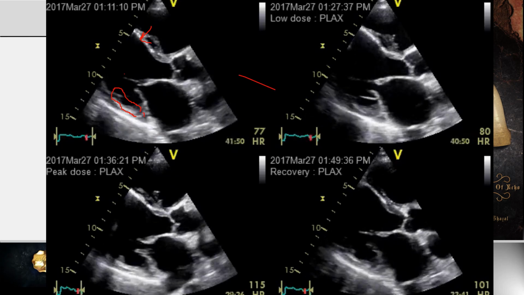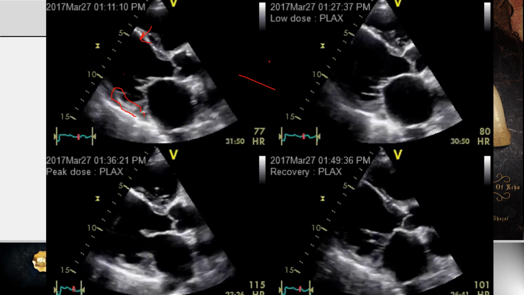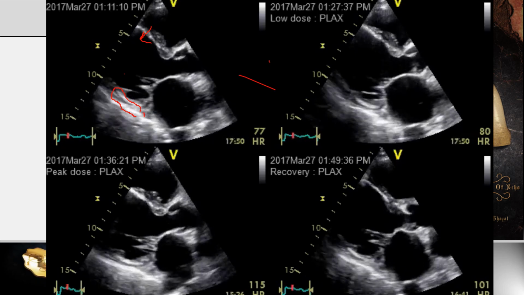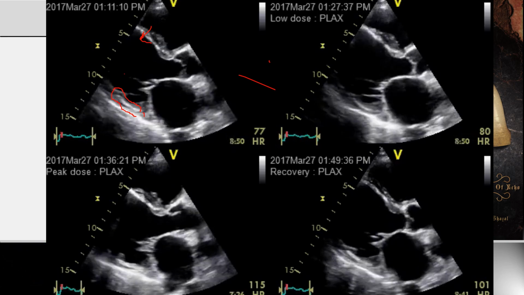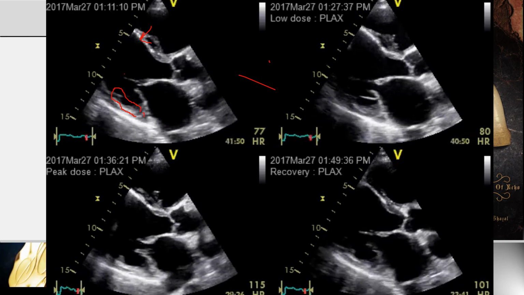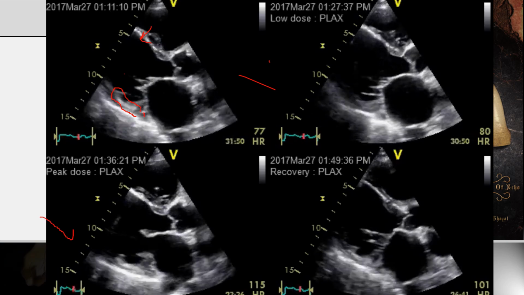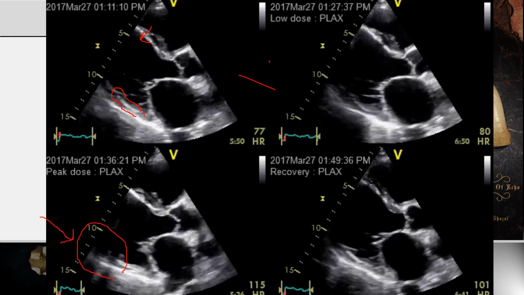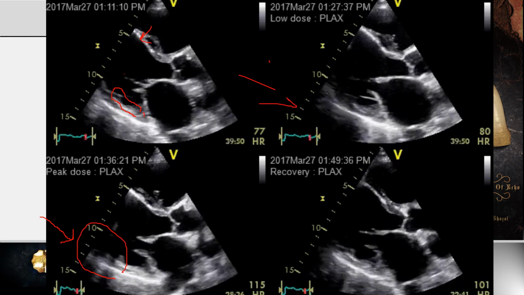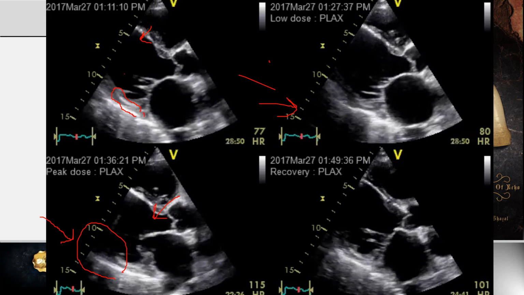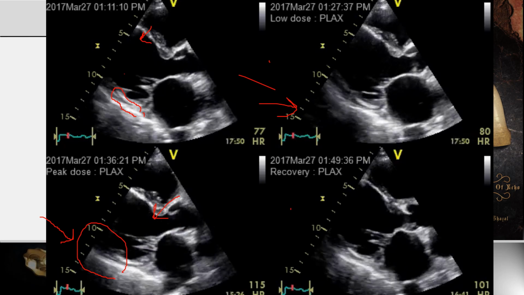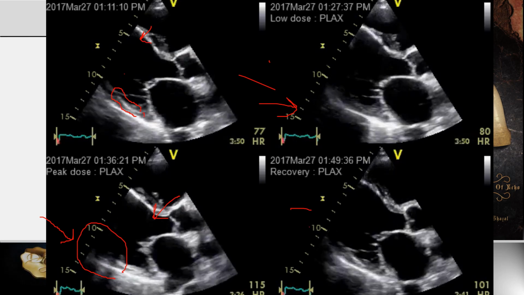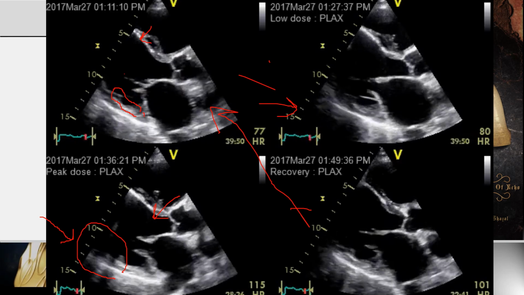But with a low dose, you can see improvement also in that infralateral wall. Now at peak dose here, it worsened. So that one here is better than the one here. Then you have the recovery back to the baseline.